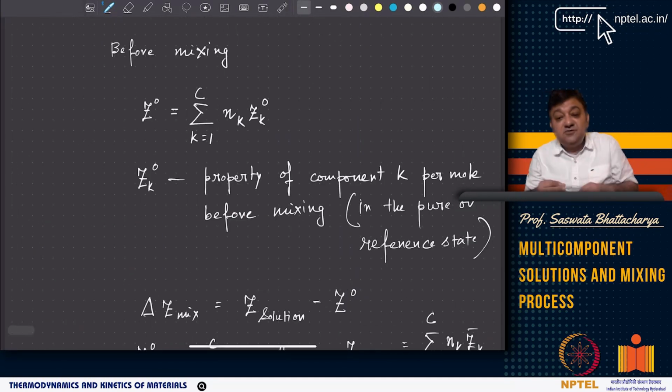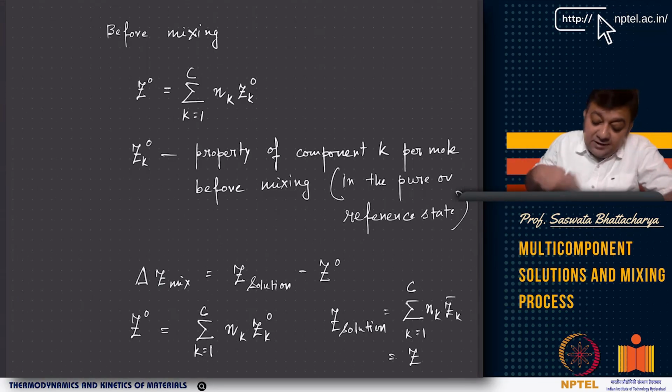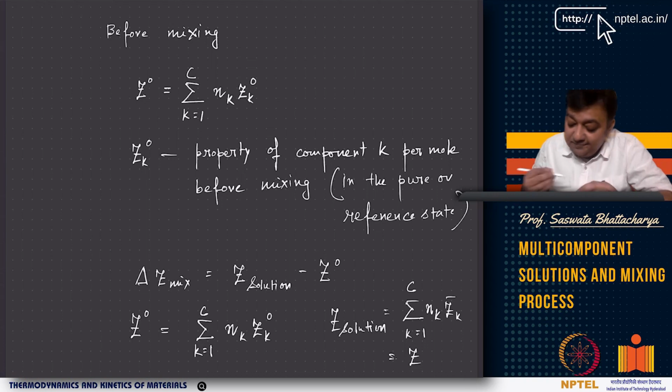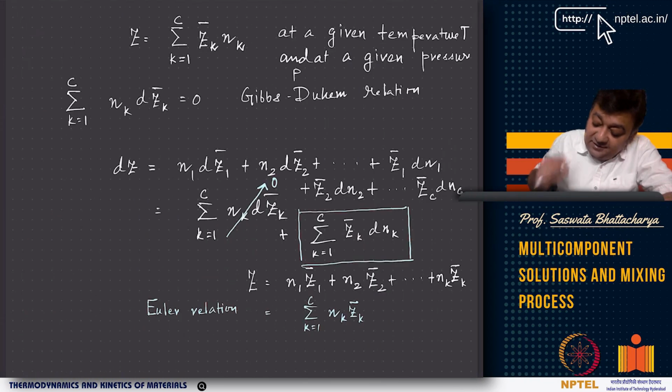Now, what types of solutions are possible? Solid in liquid, solid in solid, liquid in solid, mixture of gases. So any type of solution is possible. Now comes an interesting part. I am reprising, I have already defined it previously, but please listen, because this part is very important when you want to understand thermodynamics of solutions.